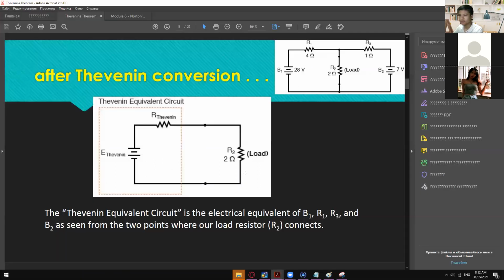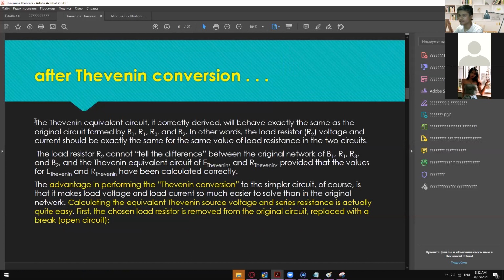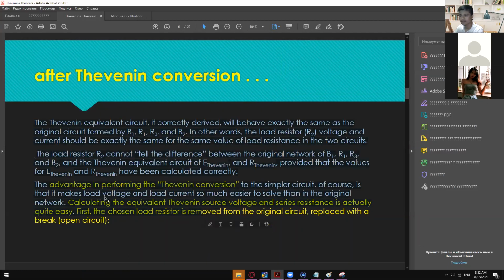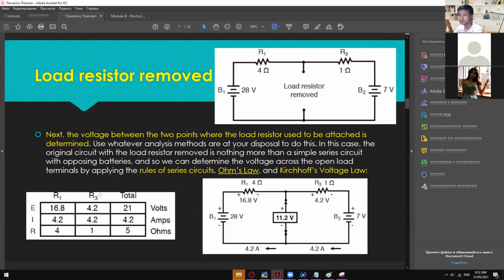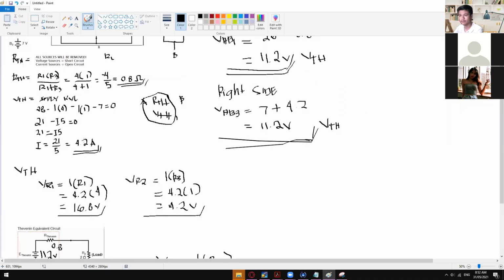Okay, so going back to our module, these are just explanations on how to get the RTH and then the VTH. And here are the answers. So we have here the total final voltage, knowing that we have that flow of current, so 28 minus 7 is of course 21. And then the current flowing on the entire circuit is 4.2 amps, the same as our value right here.